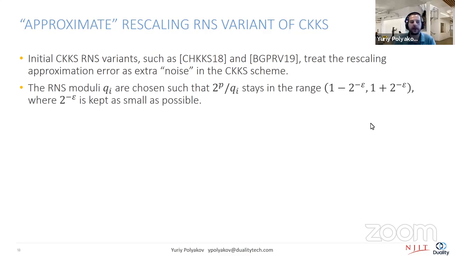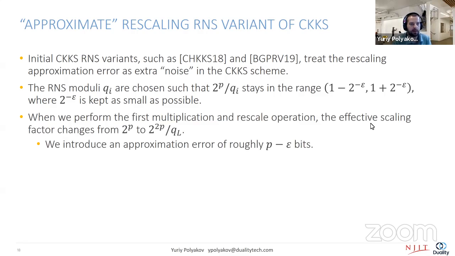The RNS moduli q_i are chosen such that 2 to the power of p divided by q_i stays in the range of 1 minus 2 to the power of minus epsilon to 1 plus 2 to the power of minus epsilon, where 2 to the power of minus epsilon is kept as small as possible. So basically, this epsilon is used as a metric of how many bits we're paying for the approximation.